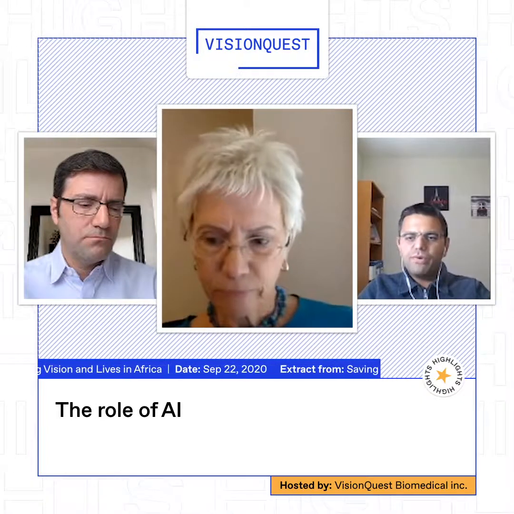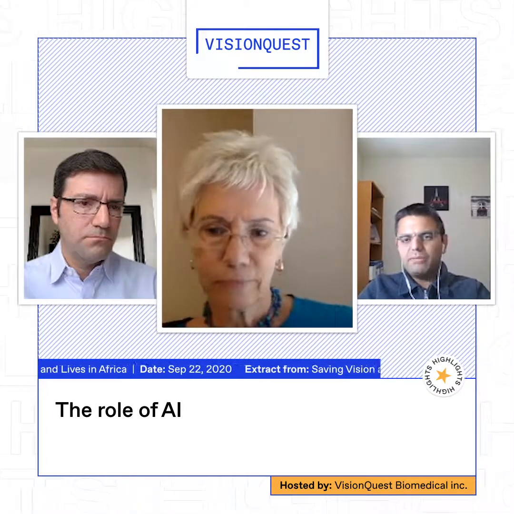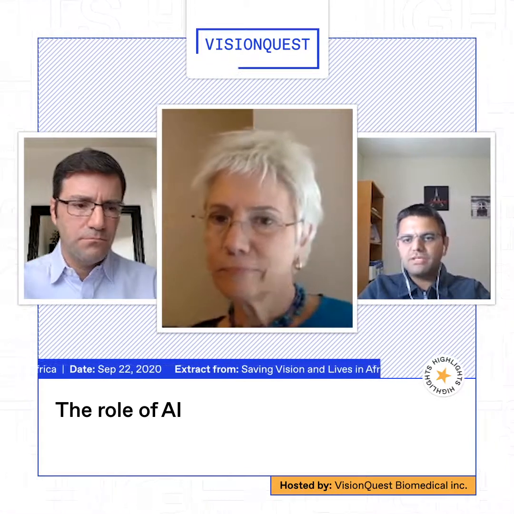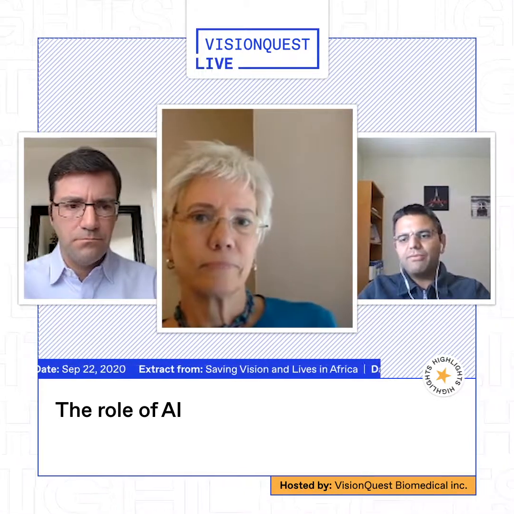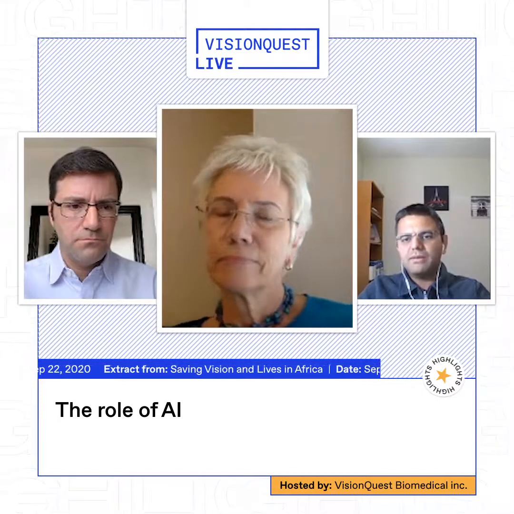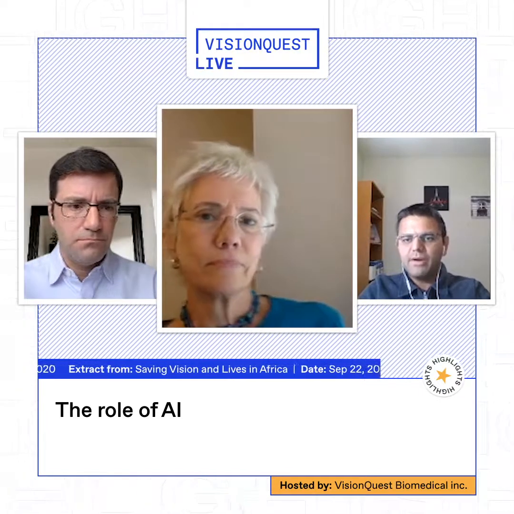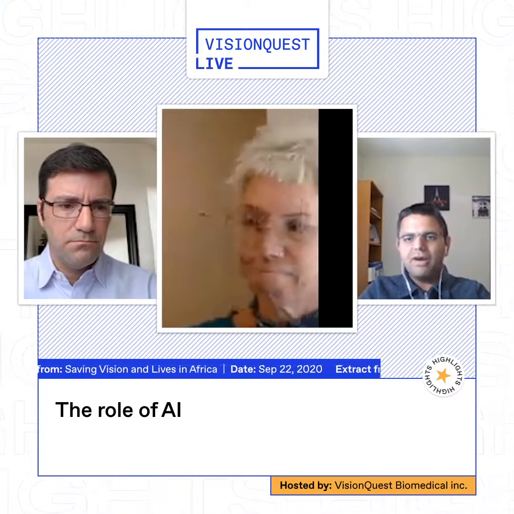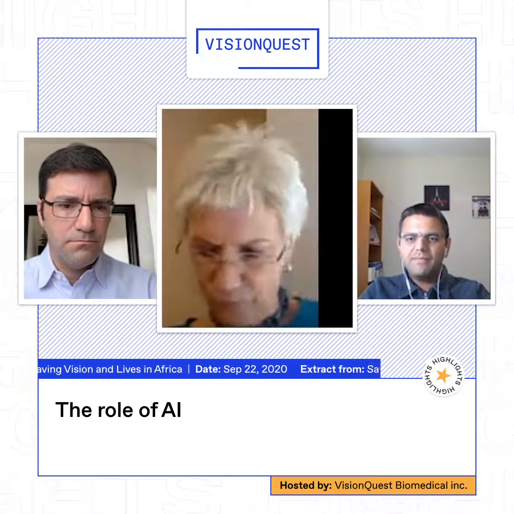What kind of role can they play? They can probably solve issues of access, shortage of ophthalmologists, etc. And the relevant question would be, is the African healthcare system ready to adopt such systems, maybe clinically, societally, or technologically?